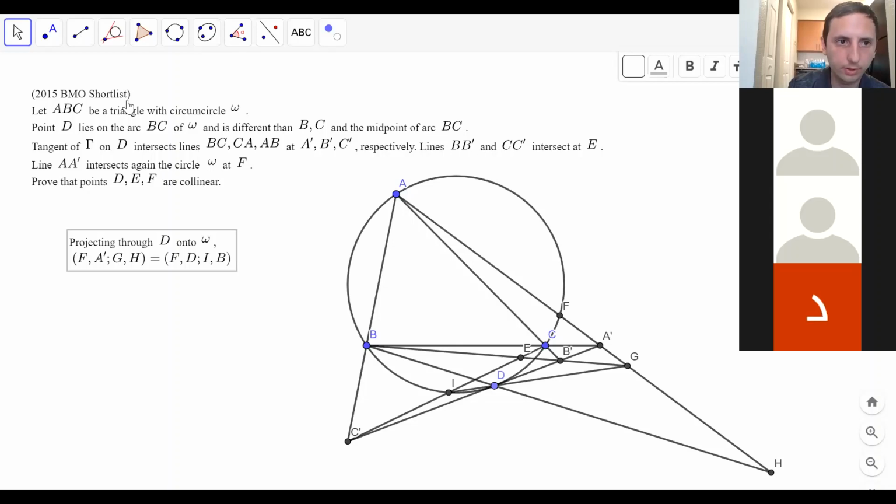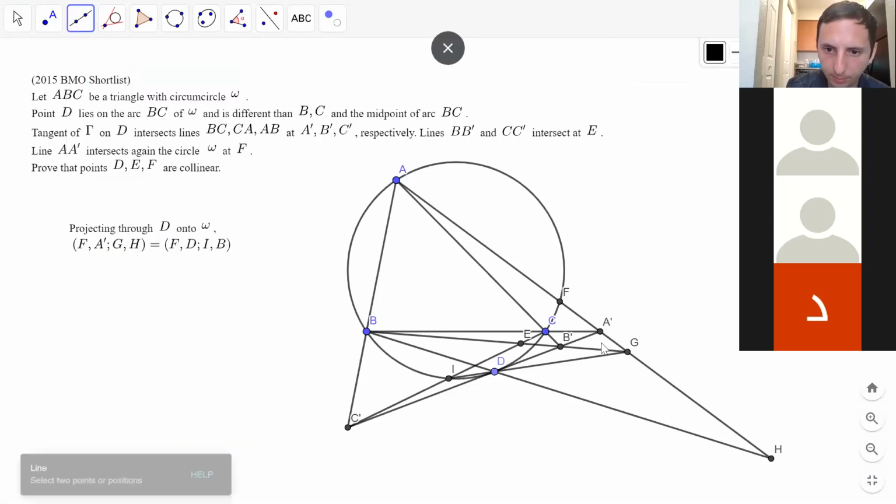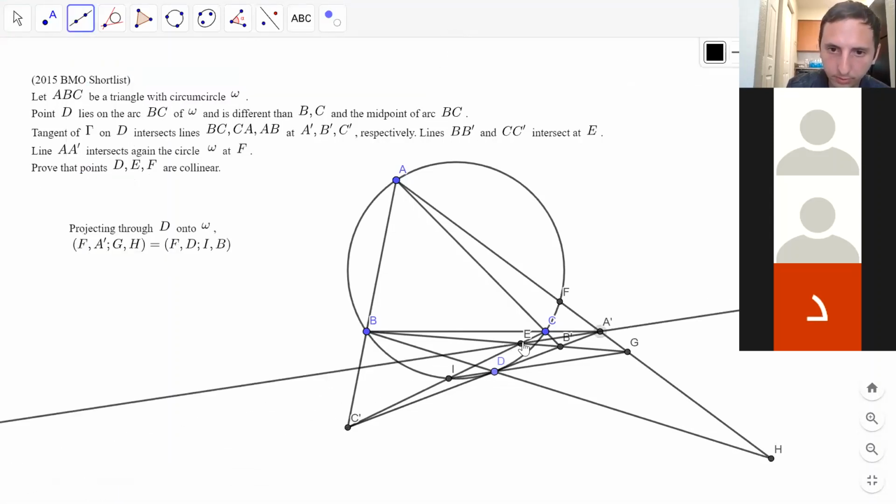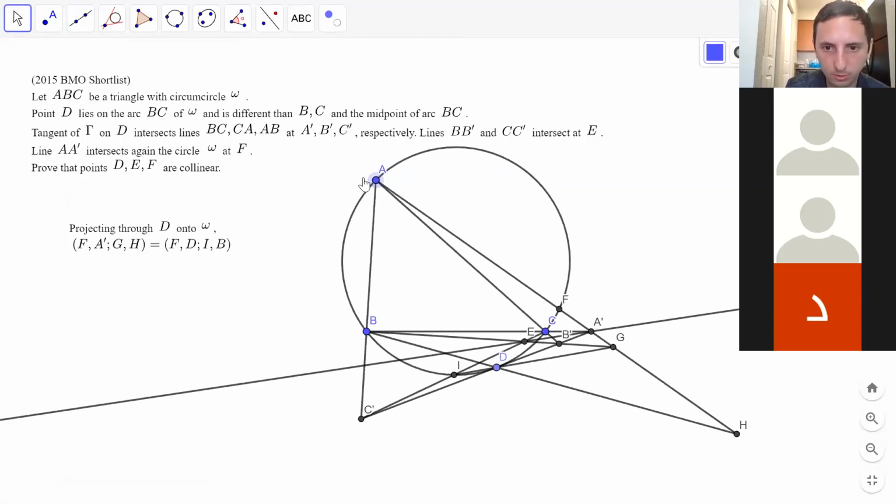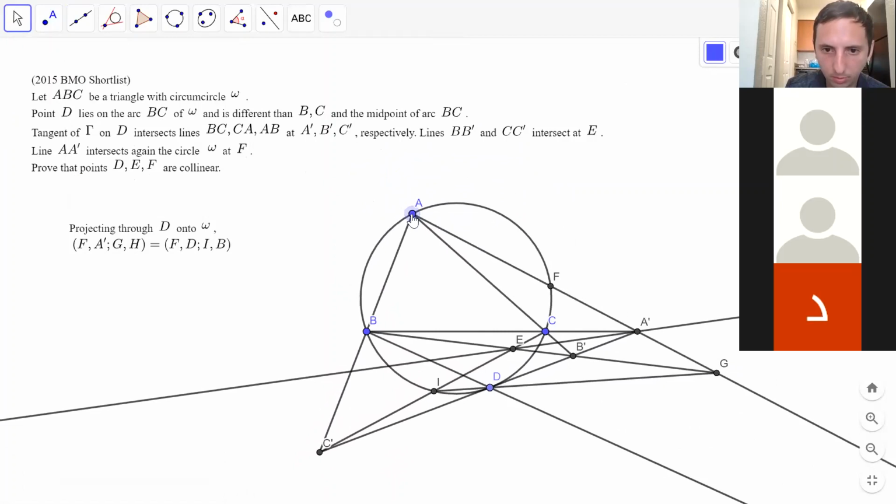Is A, let me check, I wonder if A prime E is parallel to IG. No, that's not necessarily true.